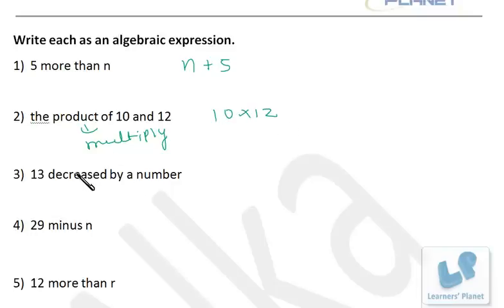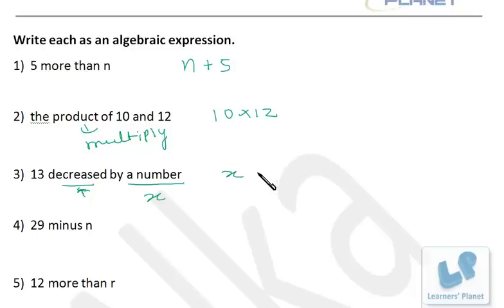Similarly, 13 decreased by a number. Decreased means you are taking away. A number is x, and from x, 13 is decreased.